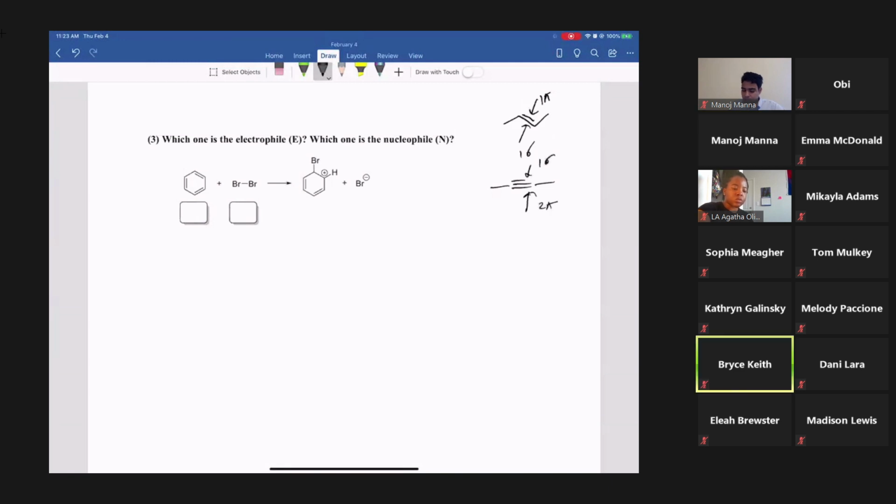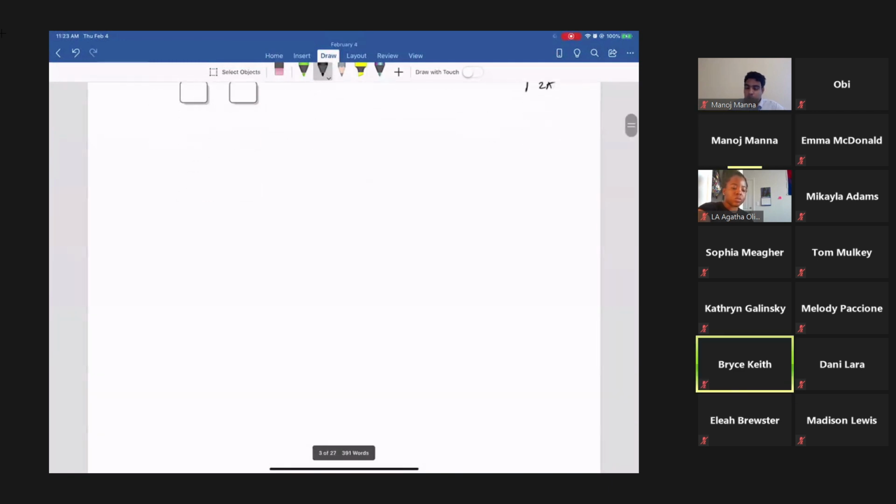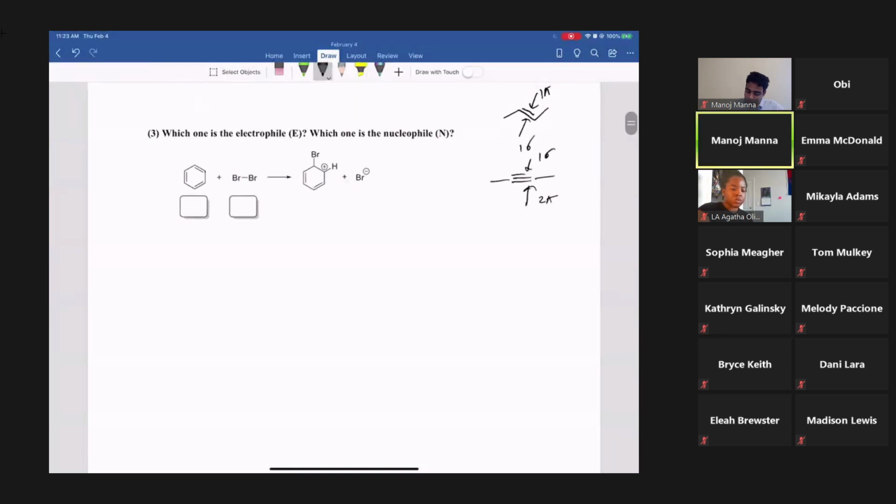So this molecule has three pi bonds, that means 6 pi electrons. And here, bromine of course has lone pairs; bromine has 3 lone pairs. So here benzene will act as a nucleophile, and this will act as an electrophile.